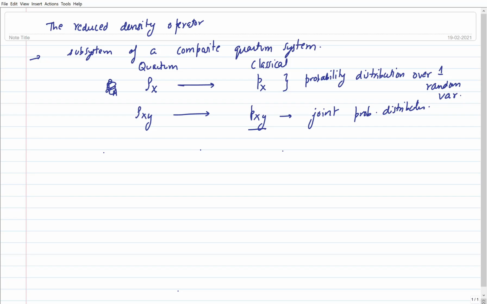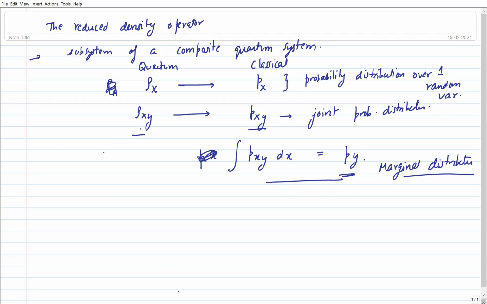And if I need to calculate, I integrate out one of the variables, I get something called the marginal, usually the marginal distribution over just one of the random variables. So classically, what is the analogous operation quantum mechanically?